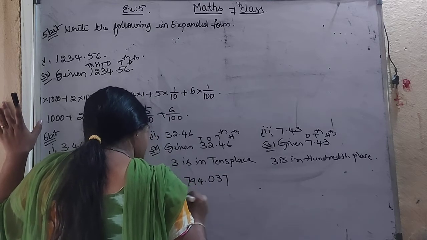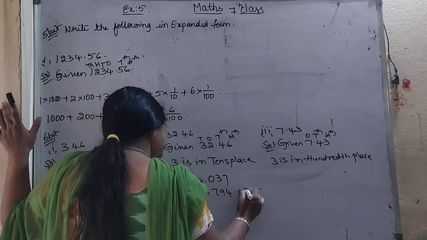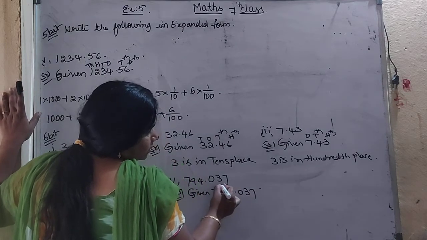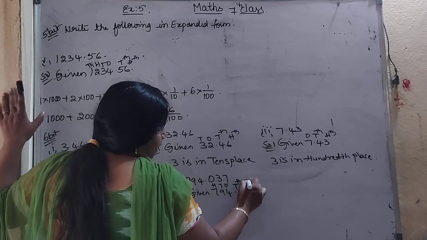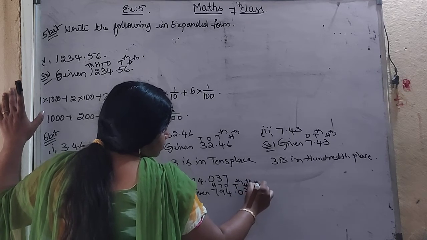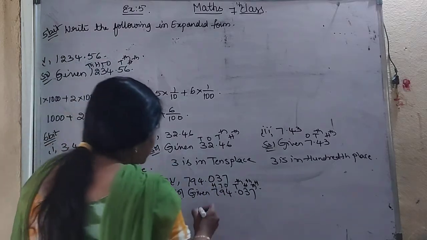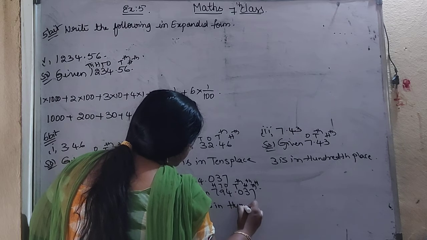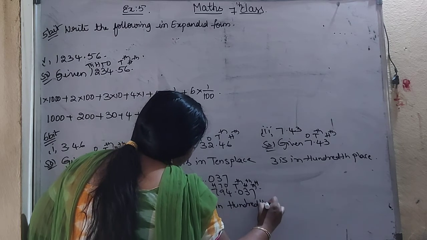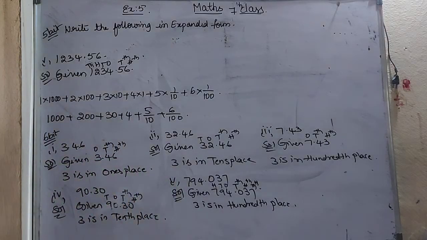So write the place values first. This is ones, tens, hundreds. This is tenth, hundredth, and this is thousandth. Now 3 is in which place? That is hundredth place. So 3 is in hundredth place.